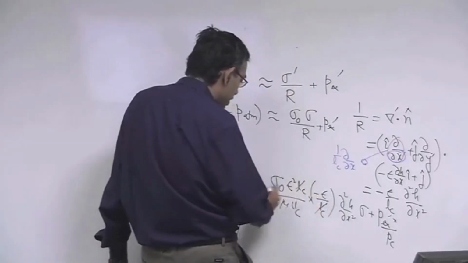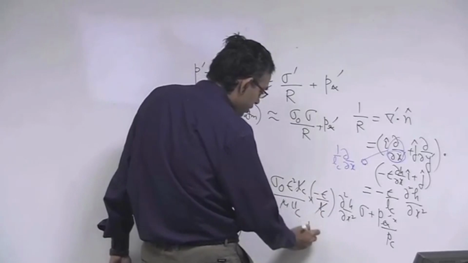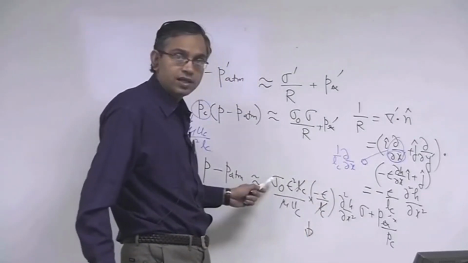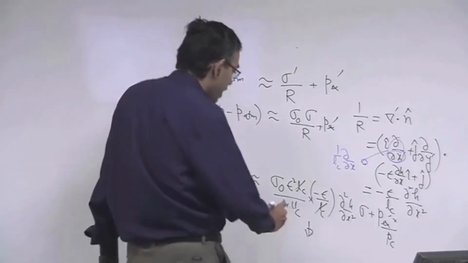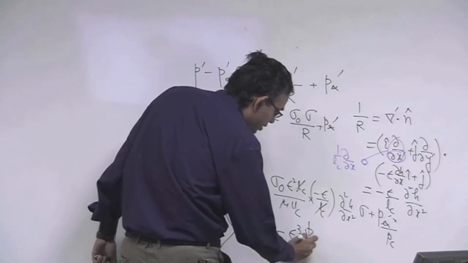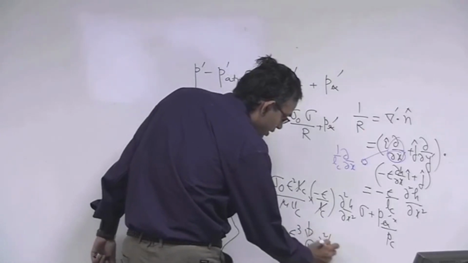So here L_c and L_c get cancelled. So this term becomes mu U_c by sigma 0, which is capillary number. So minus epsilon cube by capillary number sigma del square H del x square.